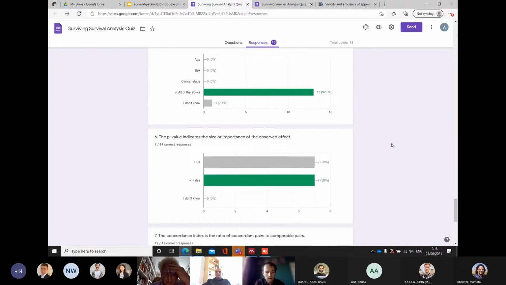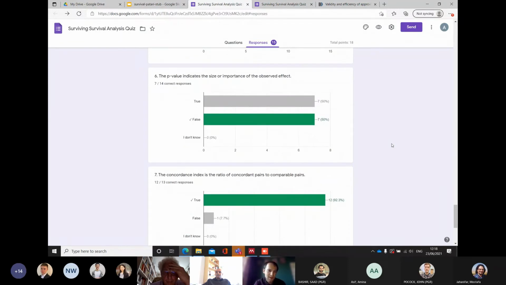Okay, so number 6. That was maybe a tricky p-value question here. I think this is something that people quite often get wrong when they look at statistical analyses, and they assume that a smaller p-value is much better. That a p-value of 0.001 is better than a p-value of 0.01, which isn't necessarily true.